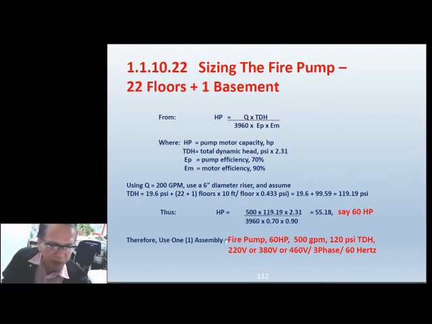So specify your pump: the fire pump is 60 horsepower, 500 GPM, 120 PSI, 220 volts or 380 or 460 volts, 3 phase, 60 Hz.